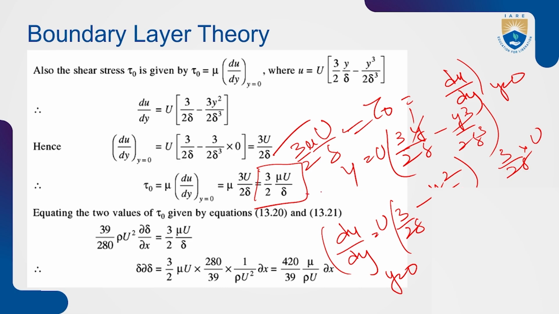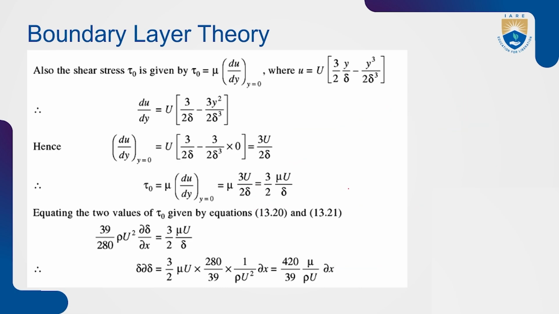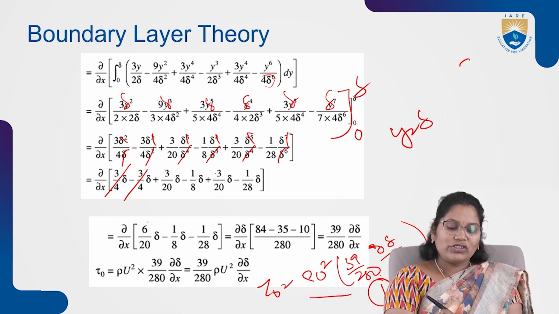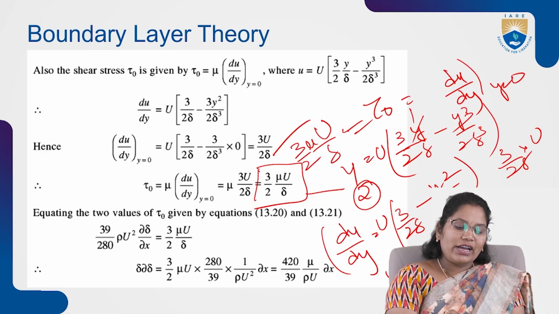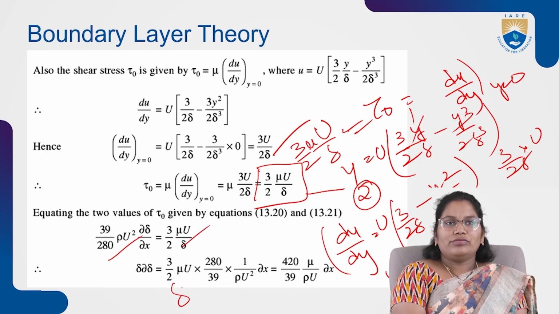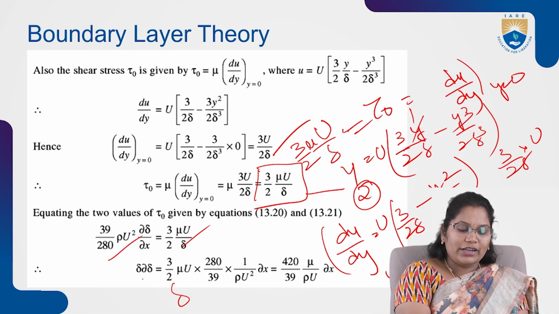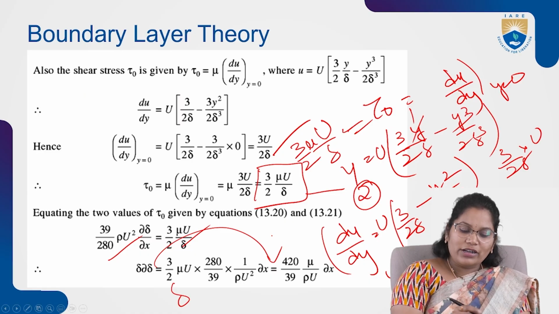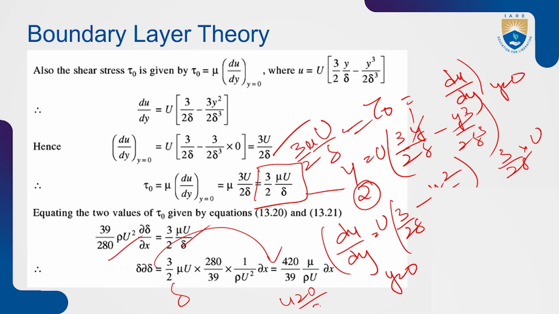Now we are equating this second equation with the first equation, equation 1 and equation 2, to get the delta value. So what we are getting here, delta into d delta, that is equal to all terms on the right hand side, so that you are getting 140 by 13 mu by rho U into dx.